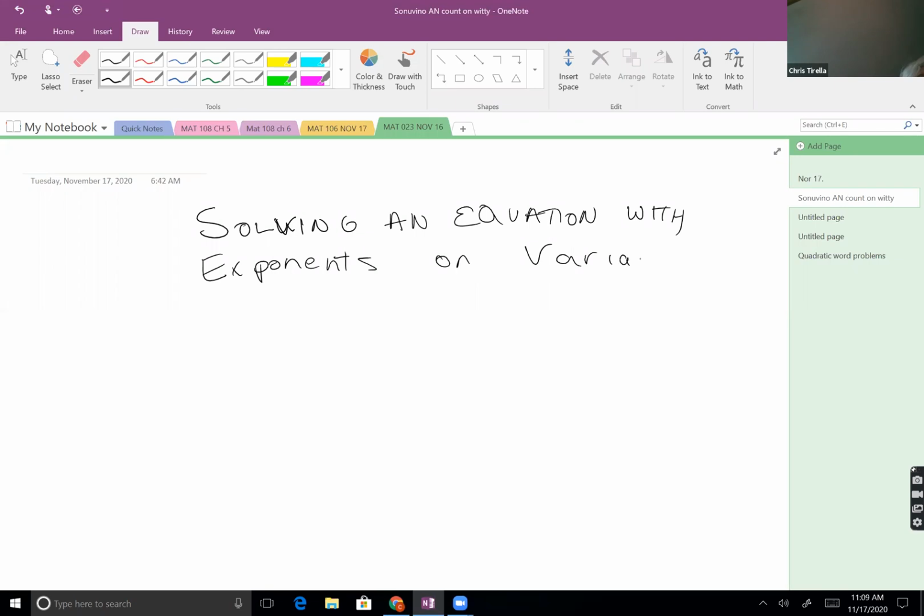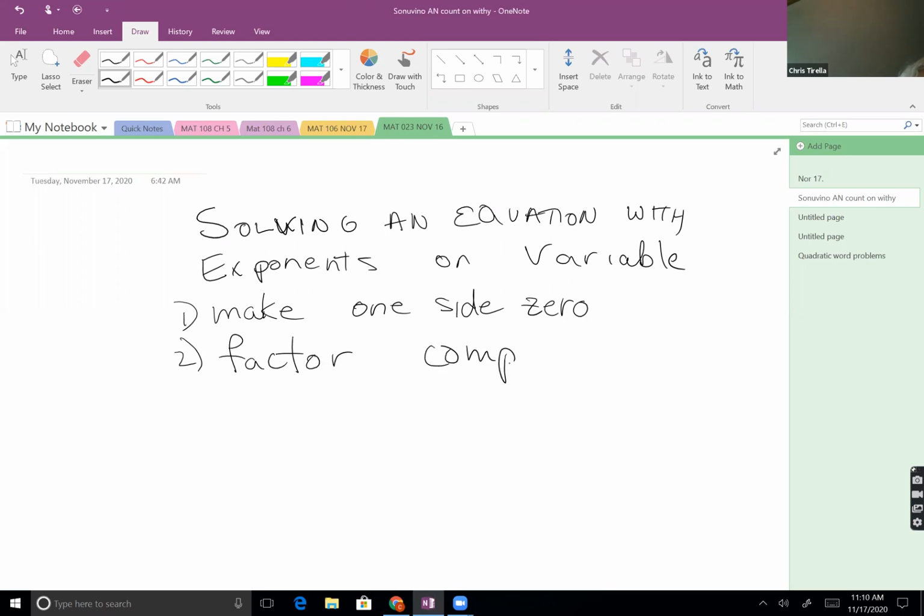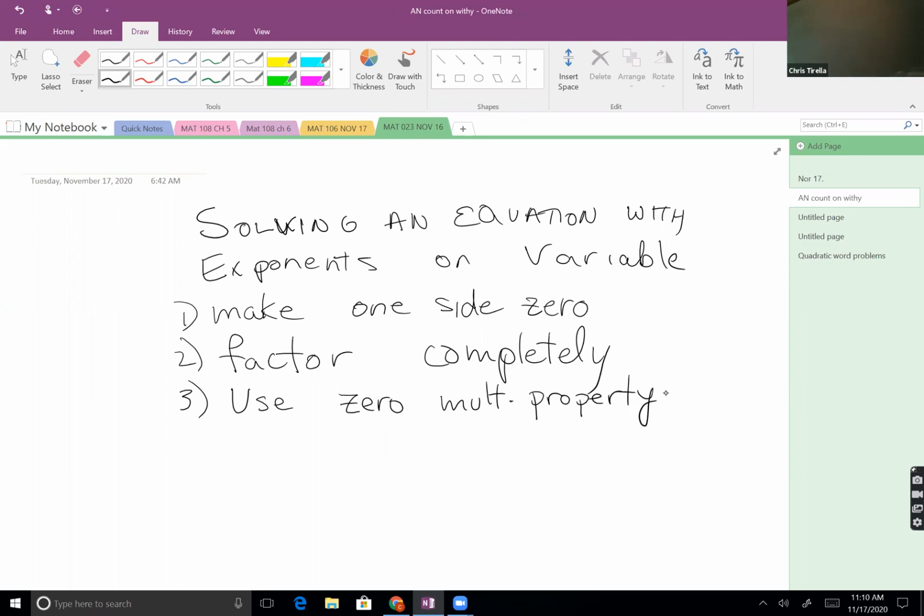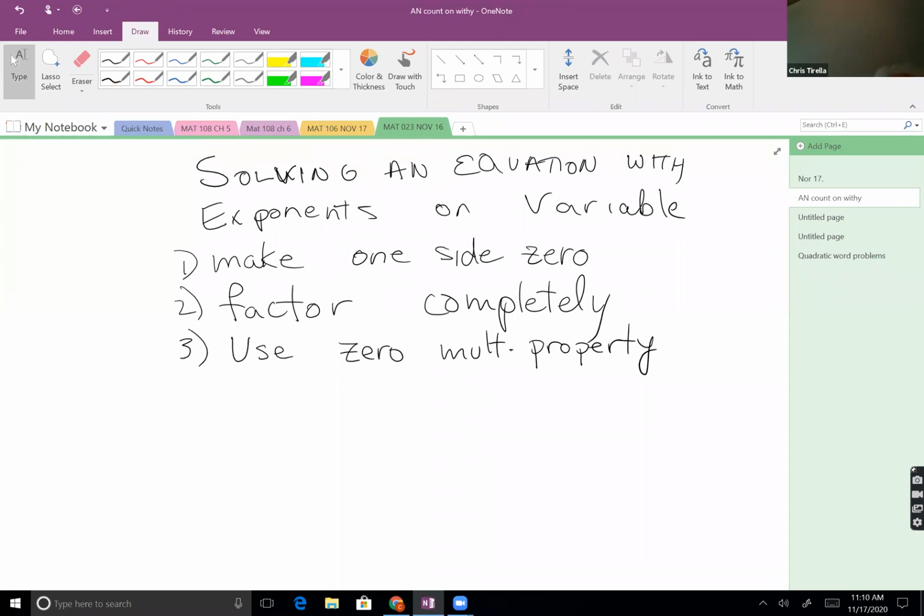In order to do that, we said that first of all, we wanted to make one side 0. Then we wanted to factor completely. And then we use the 0 multiplication property, which said that if those things are going to multiply to 0, one of them had to be 0.